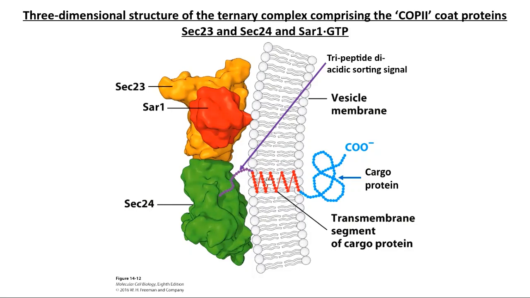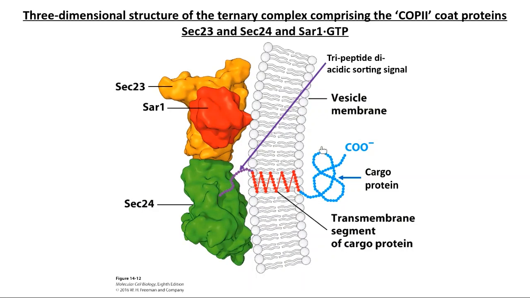this is the hydrophobic portion embedded in the membrane. This sorting signal recruits specific cargo proteins which are to be transported to the next compartment, which in this case is the cis Golgi. Okay, so this is the transmembrane segment of the cargo protein. Now, if this sorting signal is not being properly recruited by Sec24, then we cannot recruit a specific cargo protein itself.